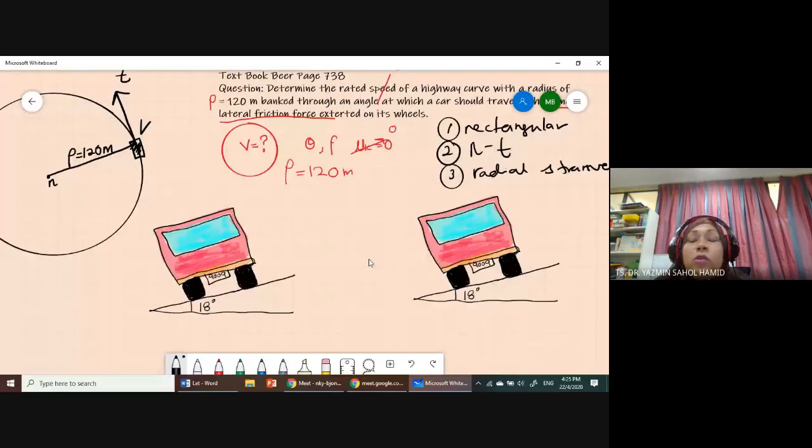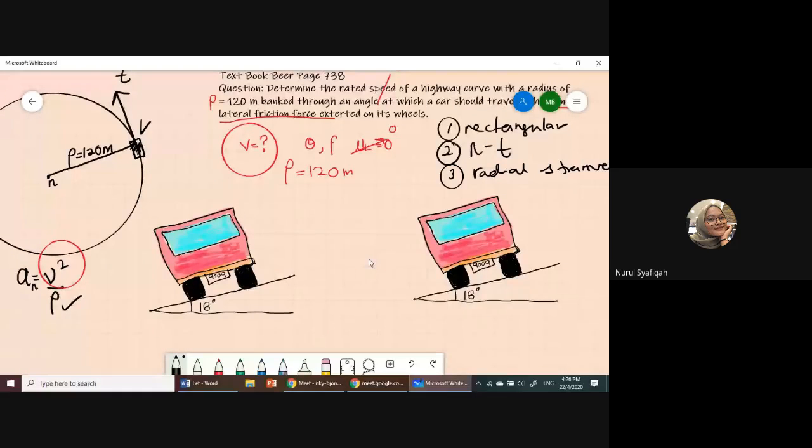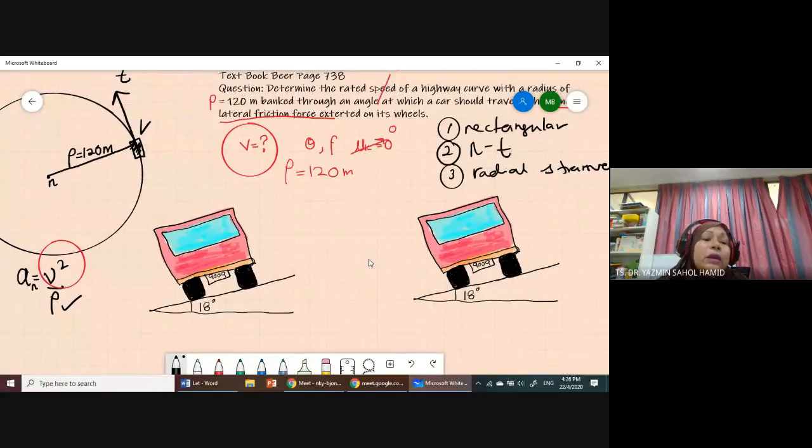Now, because we are using normal and tangential, what is the formula for acceleration? We know a_n equals v squared over rho. We need to find v, and we have rho, but we need to find a.